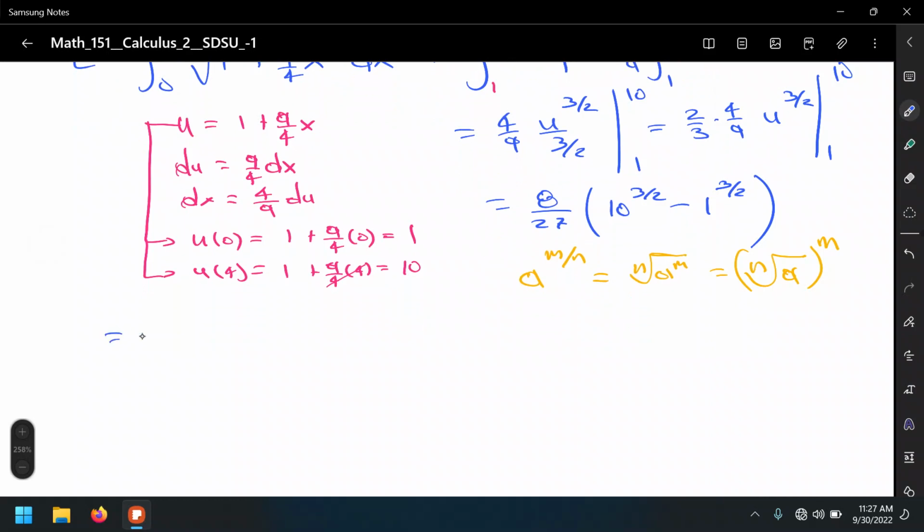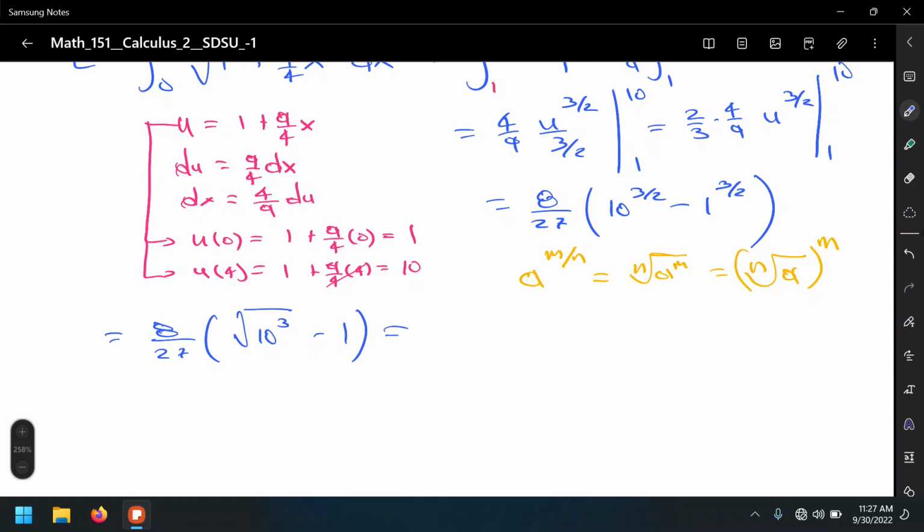So we're going to write 8 over 27, and I'm going to do this first version. That's the square root of 10 to the 3rd power minus 1, since 1 to any power is simply going to be 1. Now again, 10 to the third power is not a perfect square.